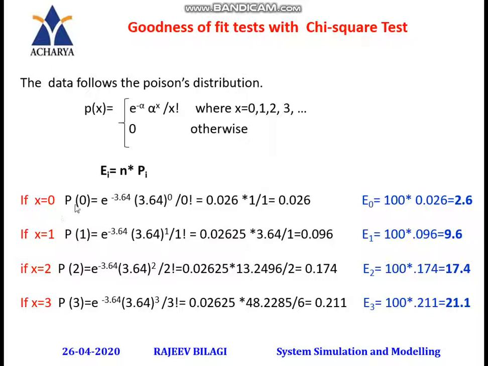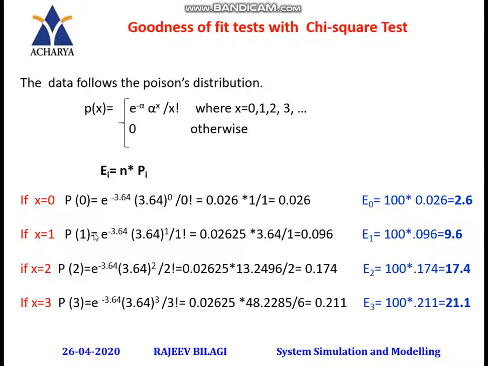So you get P of 0, that is pi, which is 0.026. Now what value do you have to find? ei equals n into pi. N is 100, so 100 into 0.026 is 2.6.